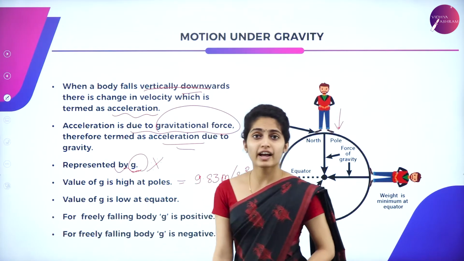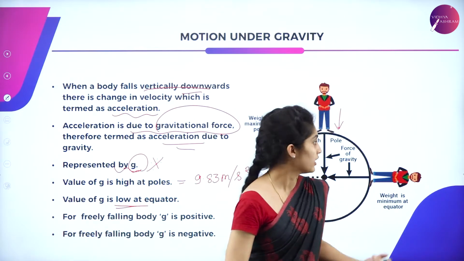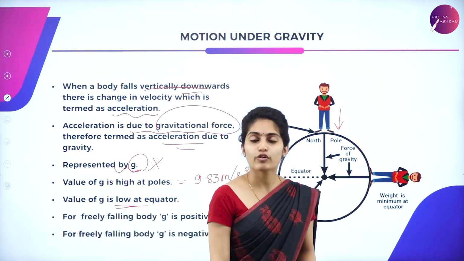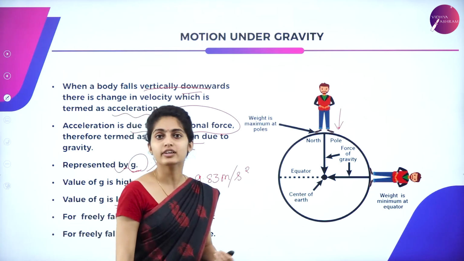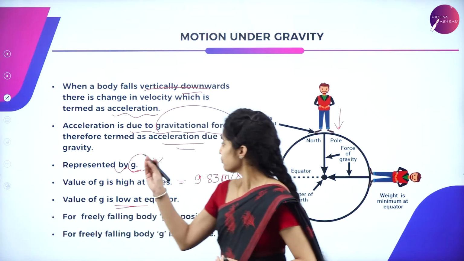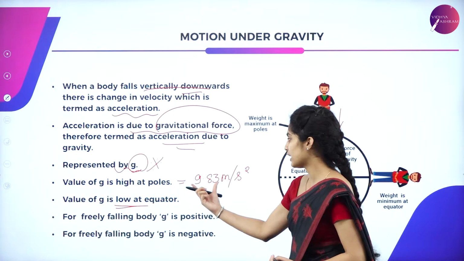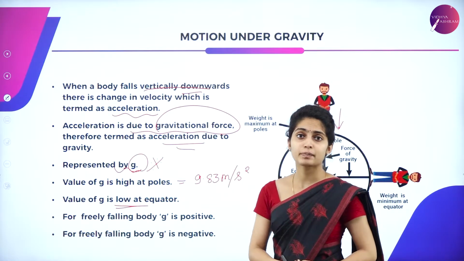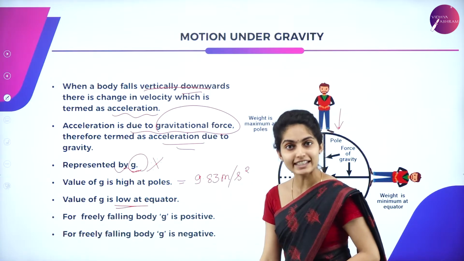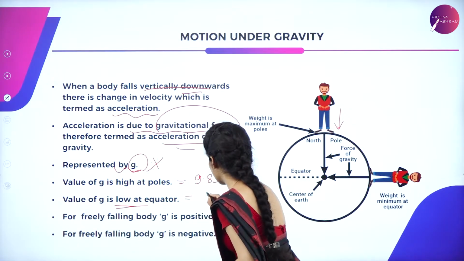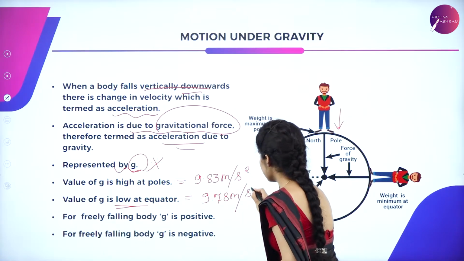And the value of acceleration due to gravity seems to be low at the equator. You can follow up with the image. So the value of acceleration due to gravity is high at the poles, 9.83 meter per second square, and low at the equator, where its value is said to be 9.78 meter per second square.